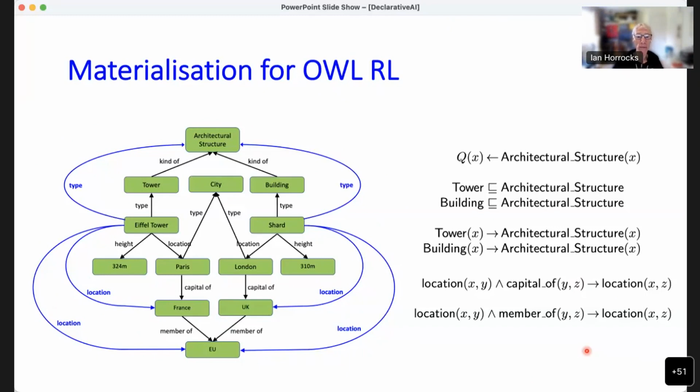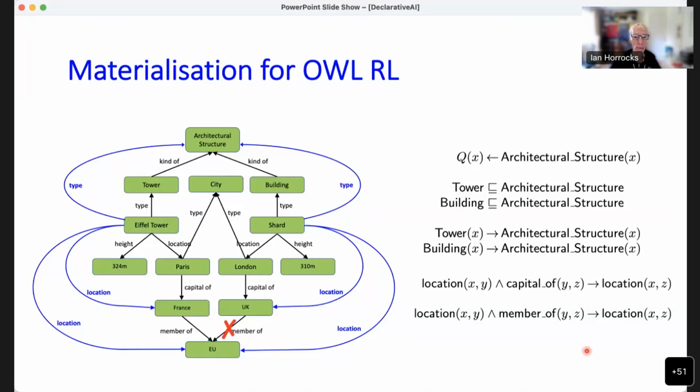So we add all of these new edges to the graph, so the graph can get bigger. In the worst case, polynomially bigger. And another perhaps more important problem in practice, I would say, is if the information changes, and in particular, if we delete information.